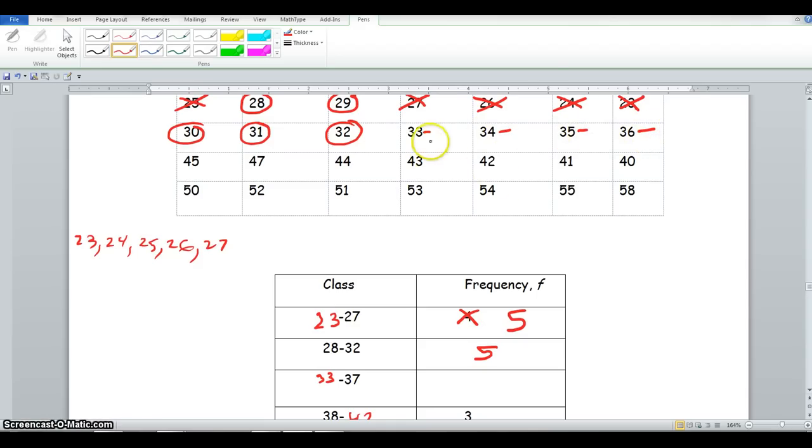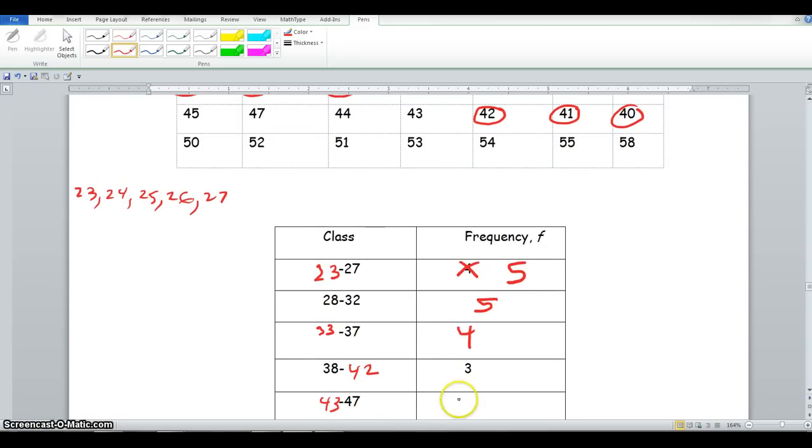This takes care of 33 through 37, which is 4. Now 38 to 42. I'll circle 42, 41, and 40. And that's it. That's 3.